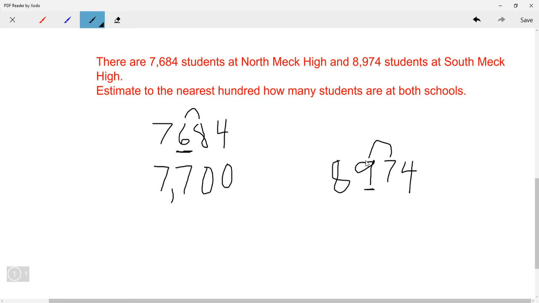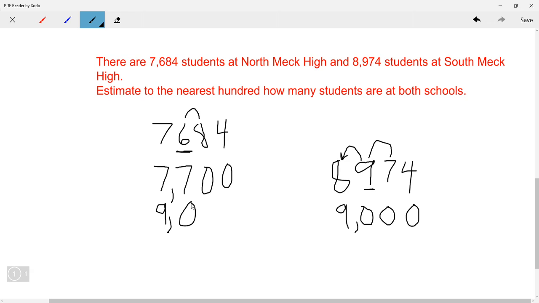So what we actually have to do is, since this number is a 9 and it's going to go up 1, we have to actually add 1 to the next column over, which is the thousands. So 8,974 to the nearest 100, 1 more 100 than 8,900 would be 9,000. And now we're just adding these together.